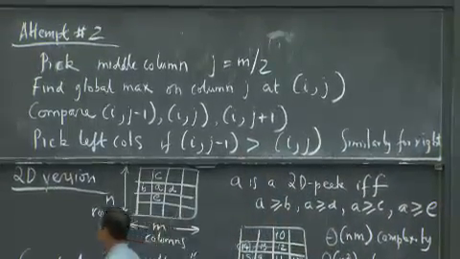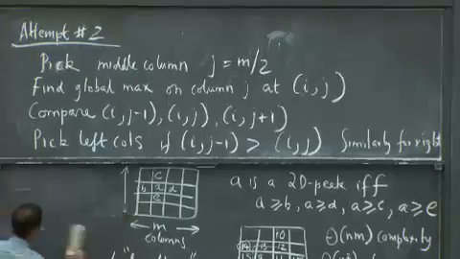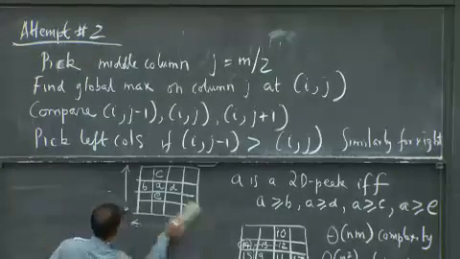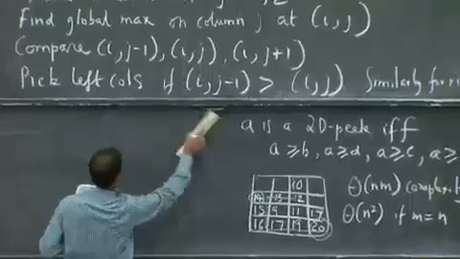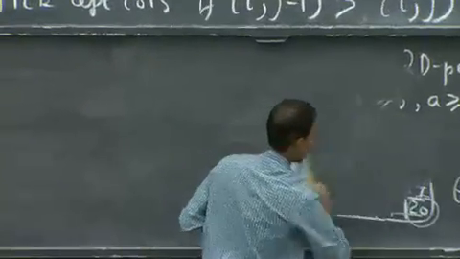And if in fact either of these two conditions don't fire, and what I have is i comma j is greater than or equal to i comma j minus 1 and i comma j plus 1, then I'm done.